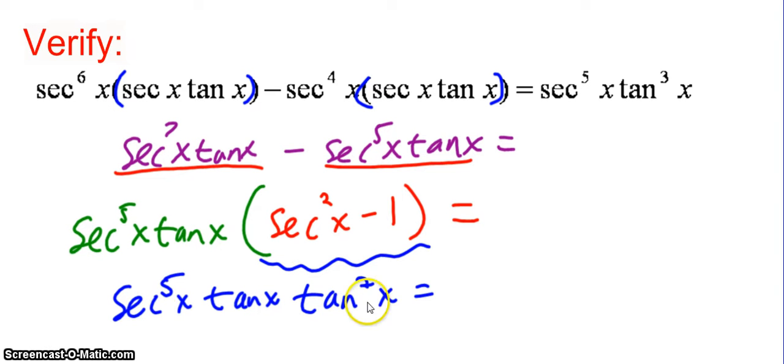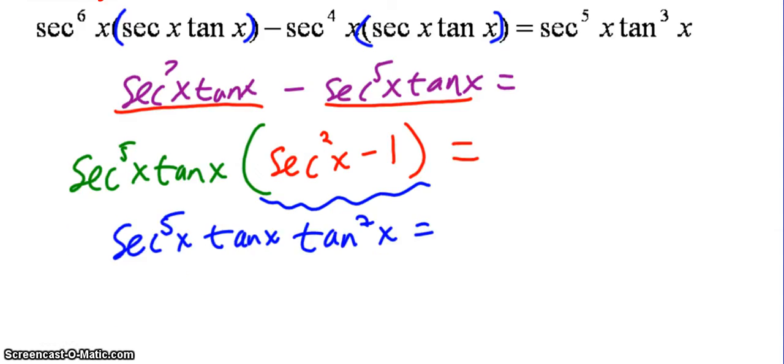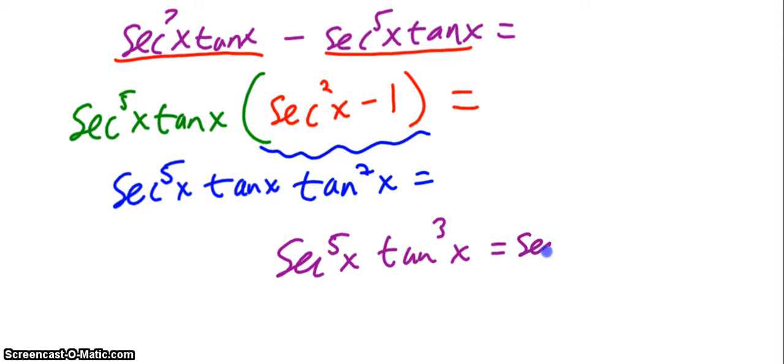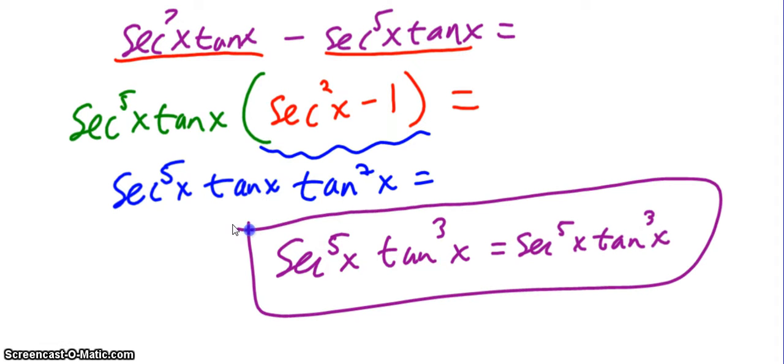So now I just have multiplication, secant to the fifth of x, tangent of x times tangent squared of x. What does that become? Tangent cubed. So we get our answer. There we go.